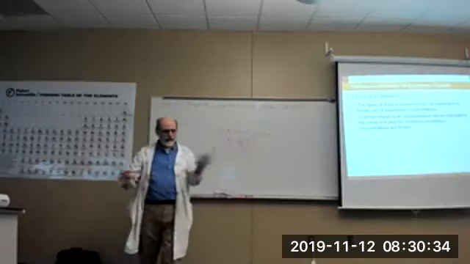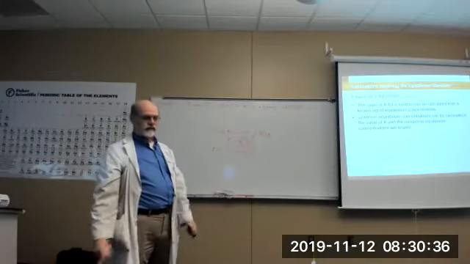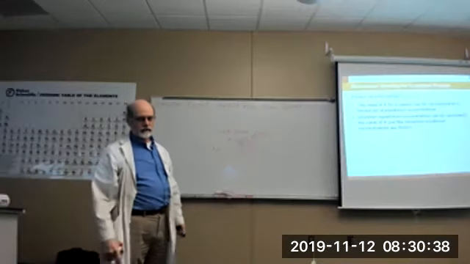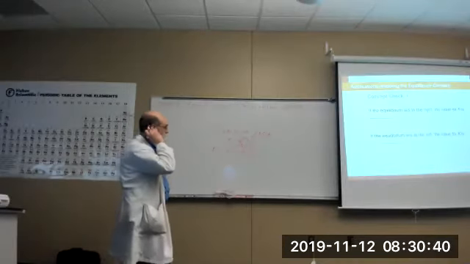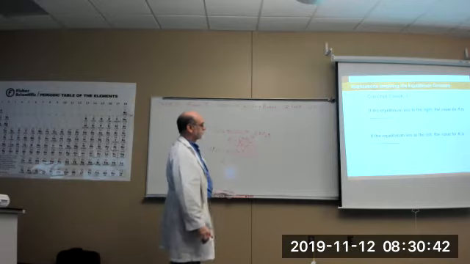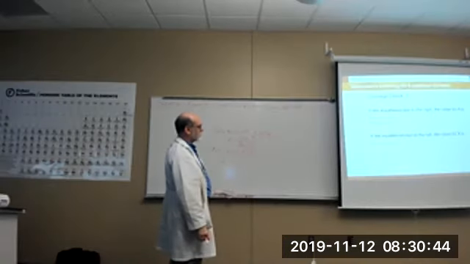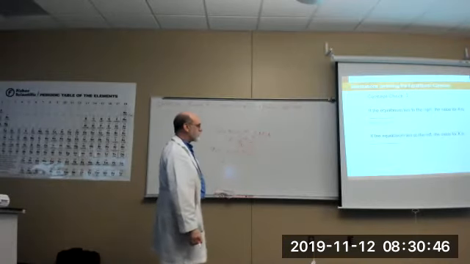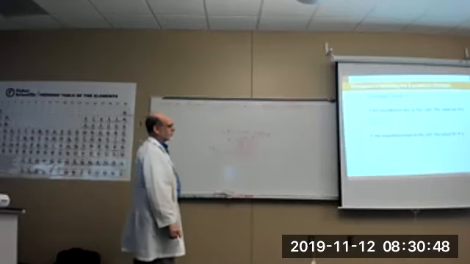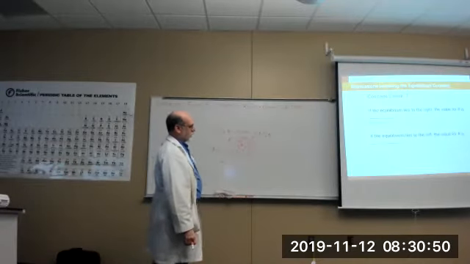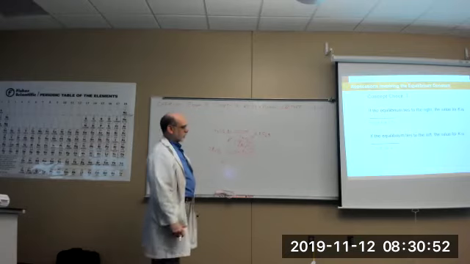It's like any equation. If there's only one unknown, you can solve for it. If the equilibrium lies to the right, the value of K is very large. If it lies to the left, the K should be very small.